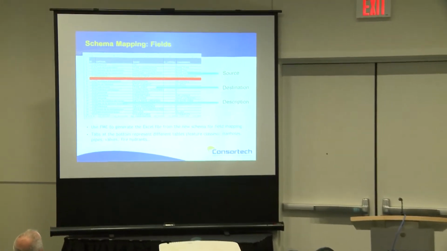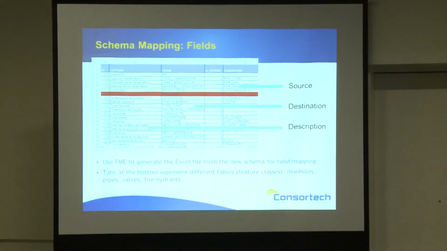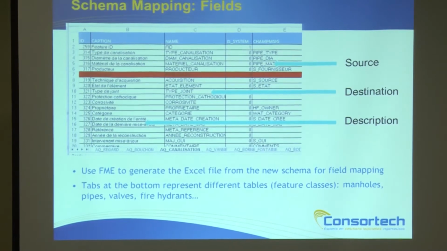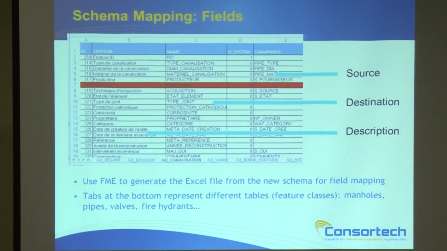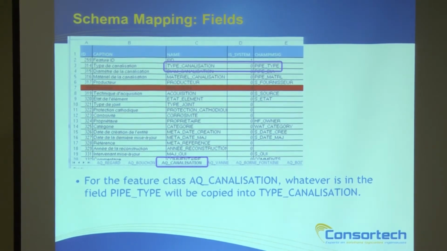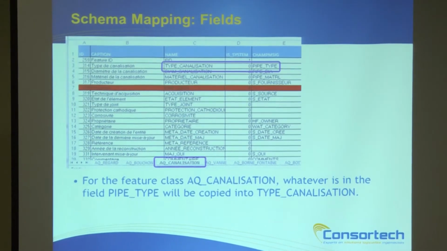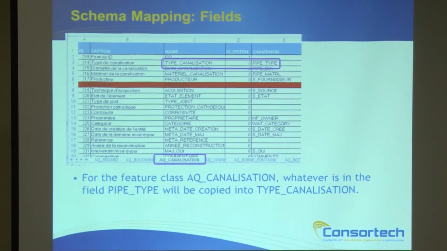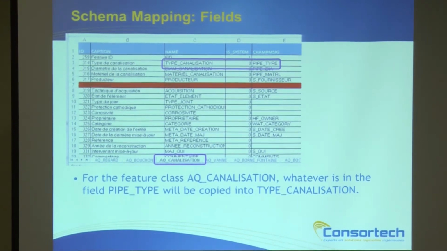And each Excel file actually represented a topic, which is kind of like a feature data set division. So for example, in the feature class AQ canalisation, whatever is in the field pipe type will be copied into type canalisation, which is pipes.